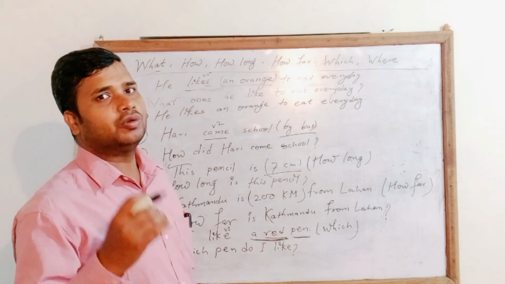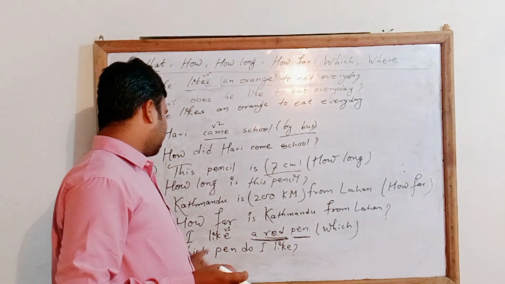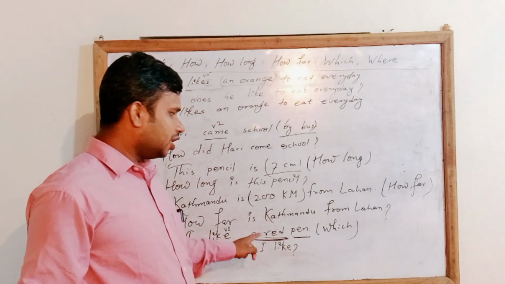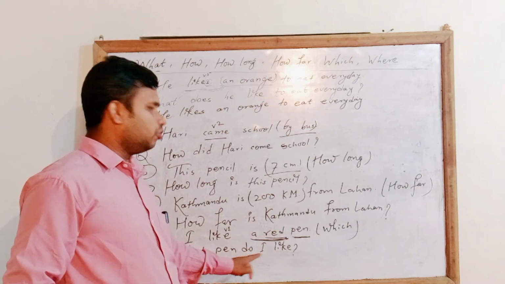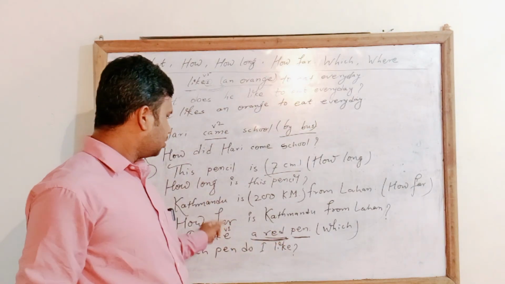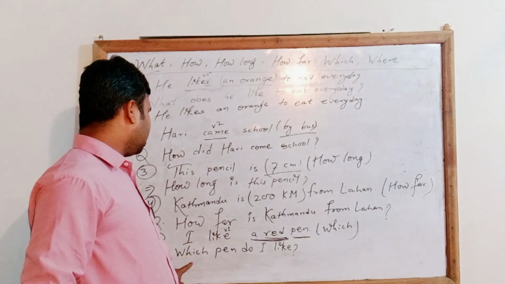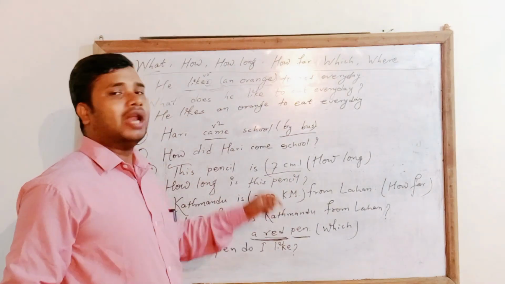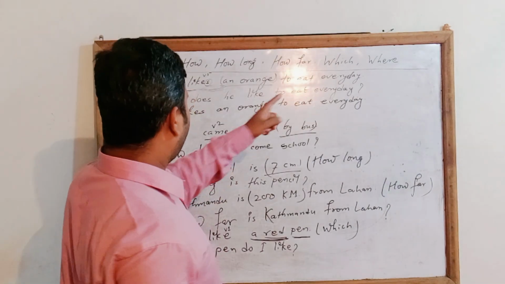It means which pen do you like? Okay, such types of questions. So understand these questions related to me. So this question has made which pen do I like? If this sentence has been related to you, then this question would be which pen do you like? Okay, such as.